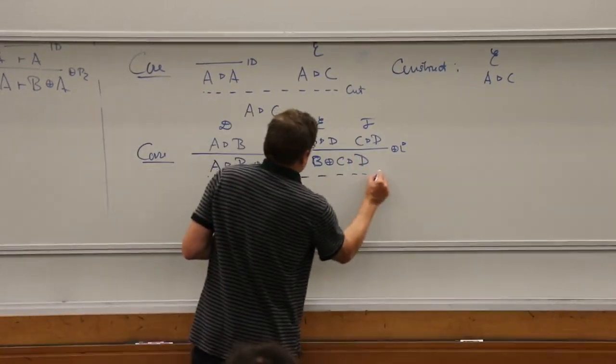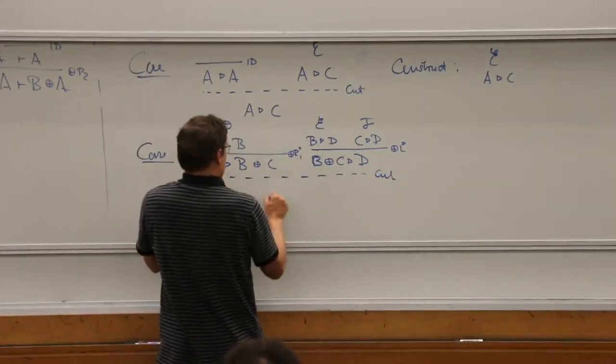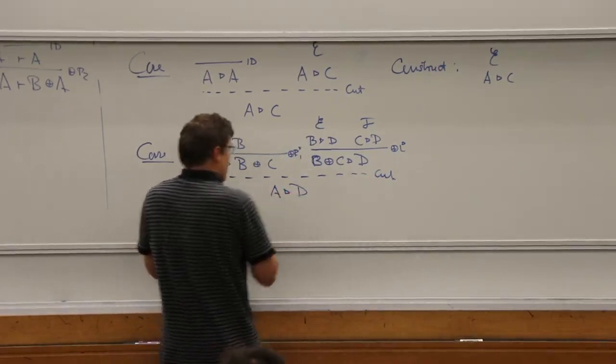We want to show that it's okay to cut these two to get out a proof of A proves D.